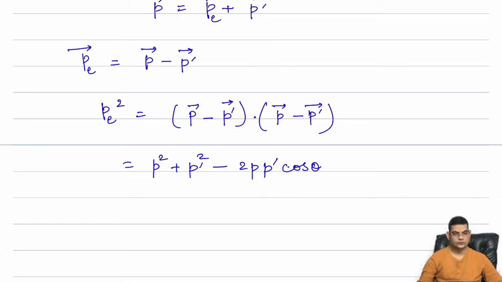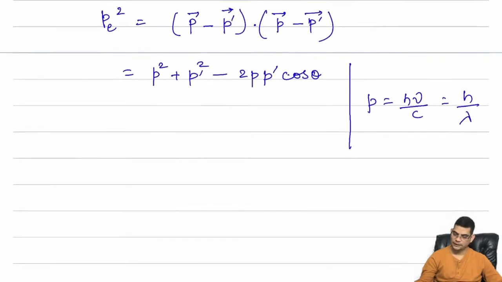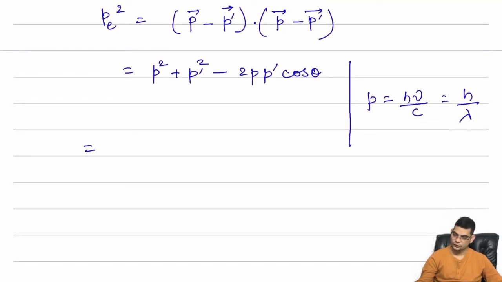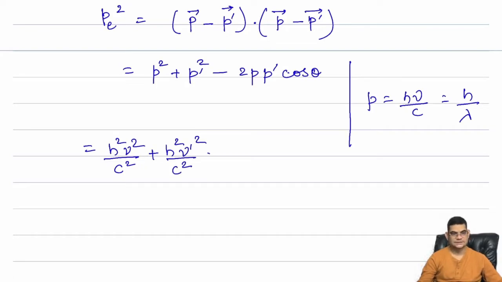Now we know for a photon, momentum can be written as h nu by c or h by lambda. So this can be written as h square nu square by c square plus h square nu dash square by c square minus 2 h square nu nu dash cos theta by c square.